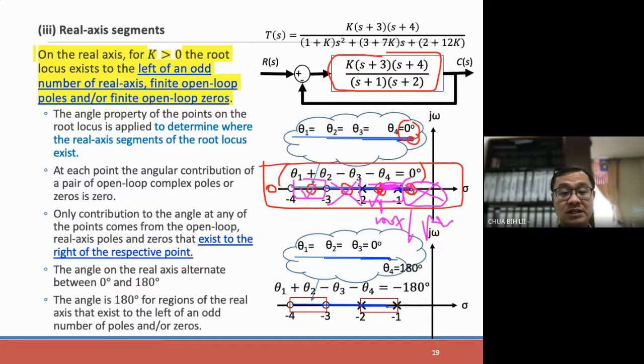Eventually you can immediately realize that in this diagram, roots will only lie on these two segments. So this is how you get used to the knowledge of it.